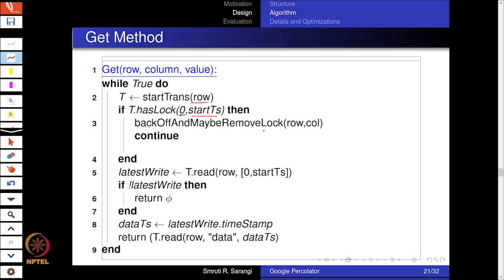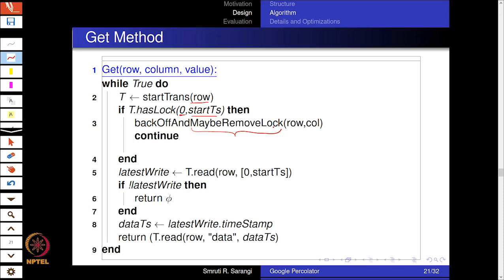So I back off and maybe remove the lock. We will discuss why maybe remove the lock, because it's possible that the process that had locked this row has died. So then of course I wait for some time, and if I still get a feeling that the process that should have removed this lock has died, I try to forcibly remove the lock.